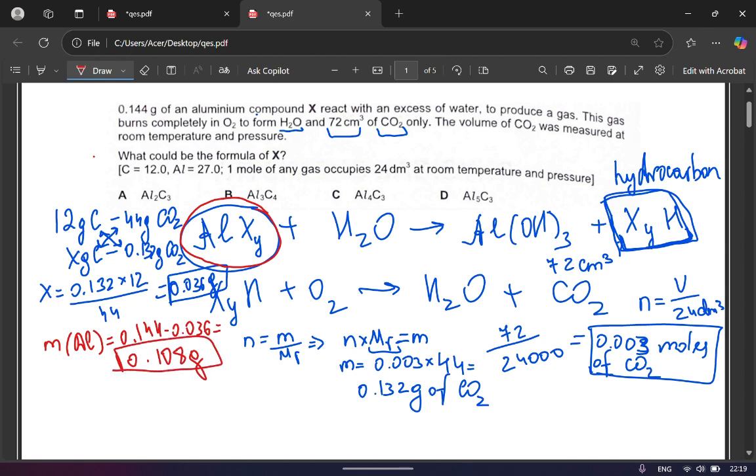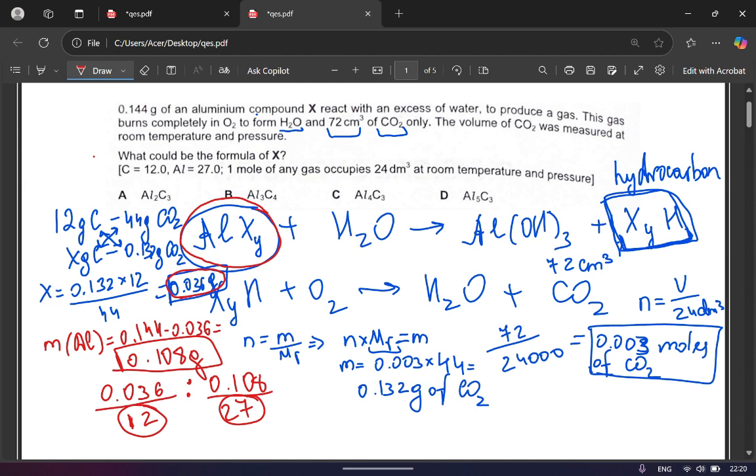And now we can use empirical formulas to find the formula of compound X. What we're going to do is divide the mass of each element in compound X by their molar masses. So we divide 0.036 grams by 12 because this value corresponds to carbon, so we have to divide it by the molar mass of carbon, and we're going to divide 0.108 by 27, which is the molar mass of aluminum.